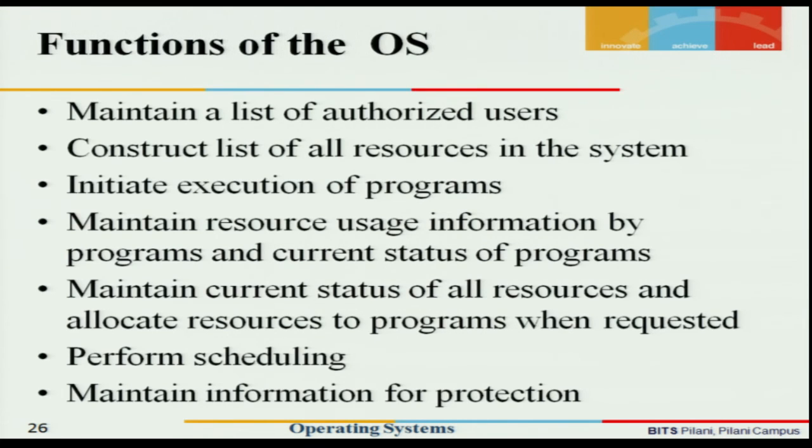It should initiate the execution of a program. While the programs are executing, these programs would utilize resources. So the operating system needs to maintain the resource usage information by each program, and the status of each program.